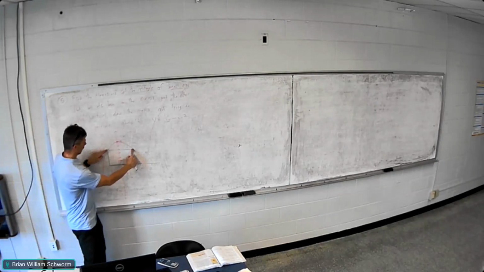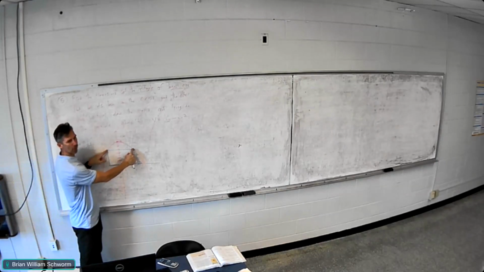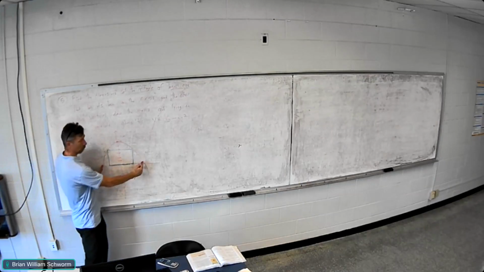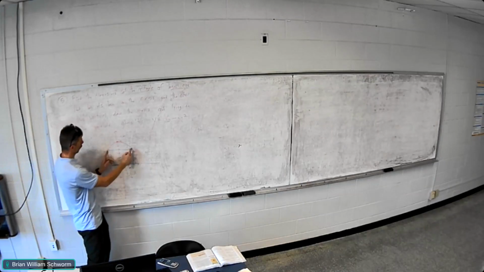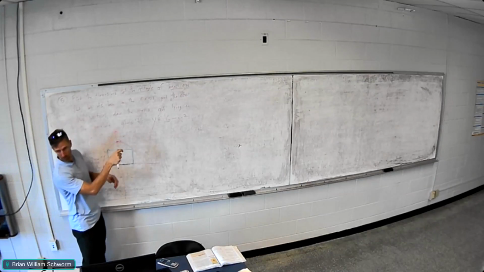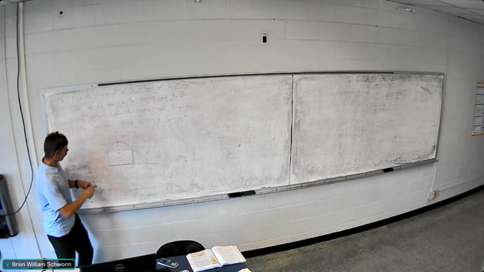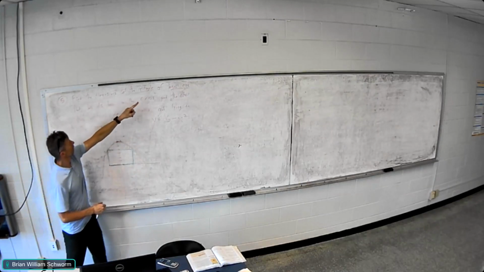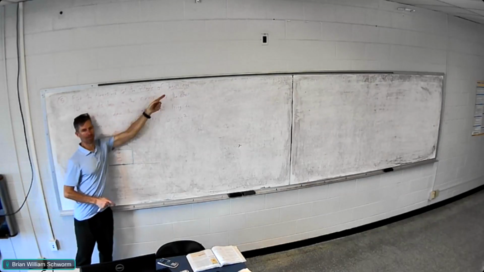I drew a rectangle that touched the parabola here and here. But you could have a different one that touches over here. So it'd not nearly be as tall, but it'd be a lot wider. But you could have another one that touches up here where it's not nearly as wide, but it's a lot taller. So there's a lot of them you could make. The goal is to find the one that has the largest area.